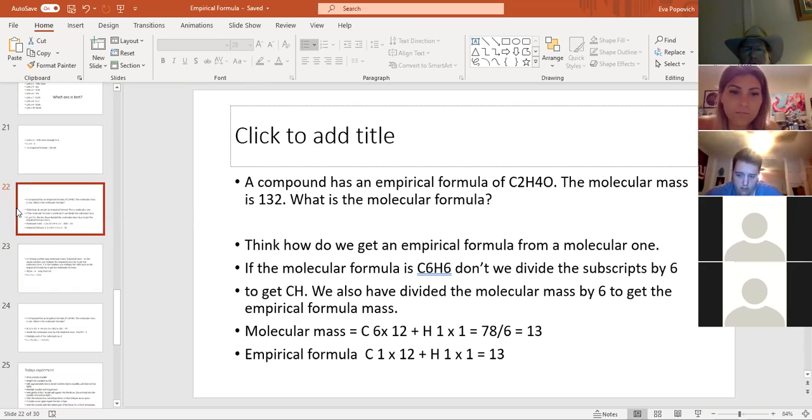So going from empirical to molecular, I'm going to have to multiply by a whole number. You get that whole number by taking the molecular mass and dividing it by the empirical formula mass.